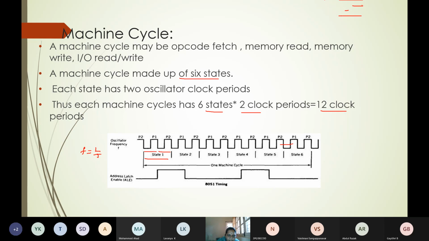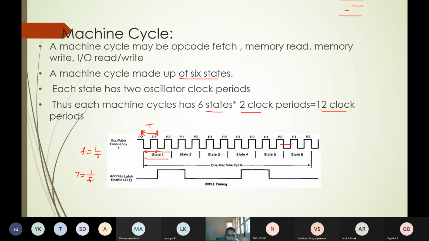Time period is the time required for one complete cycle, called t. So f is equal to 1 over t. This is for one on time and one off time, and the total time is called the total time period t. So f is equal to 1 over t, and t is equal to 1 over f.